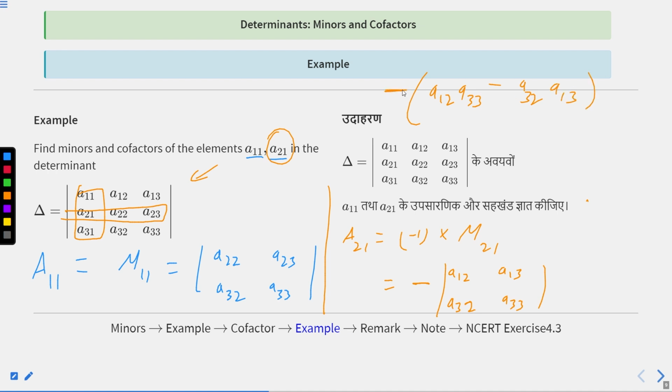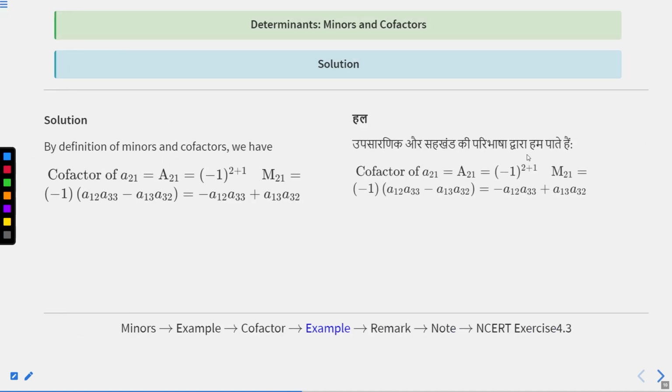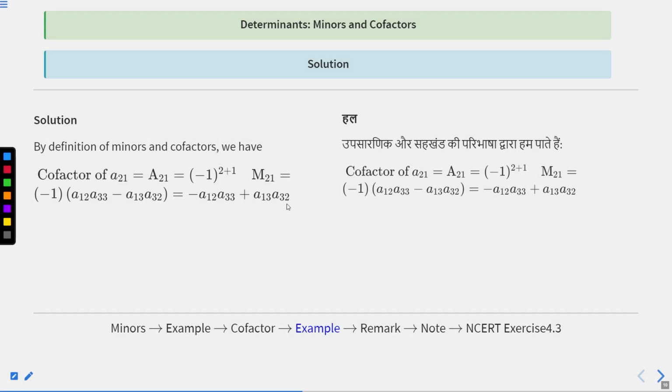Because of this minus, you can rewrite it as A32, A13 minus A12, A33. Simple, easy to find. Now let us move next.